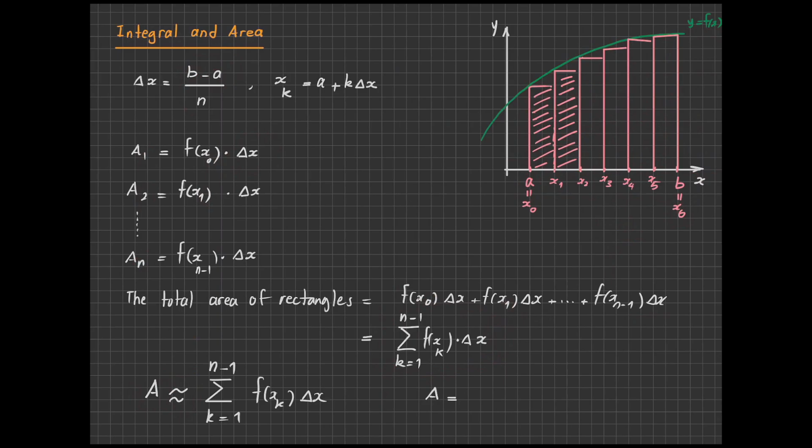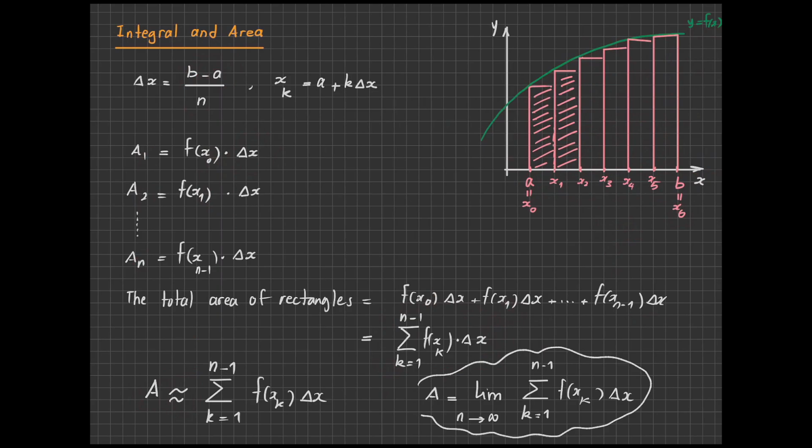Okay, so I will take that A is the limit of this sum, k goes from 0 to n minus 1, f of x sub k delta x, as n goes to infinity. By the way, I didn't prove this formula for you. I only made this formula seem plausible.